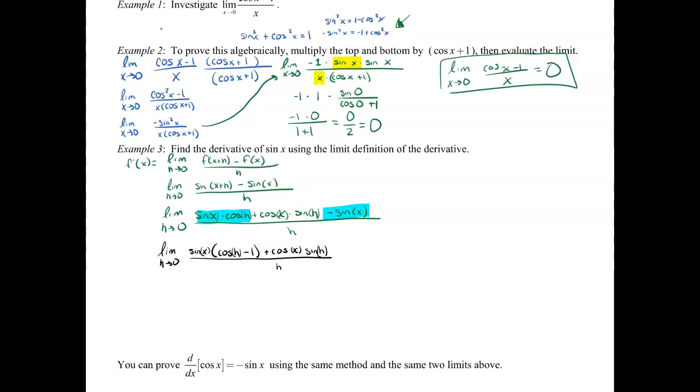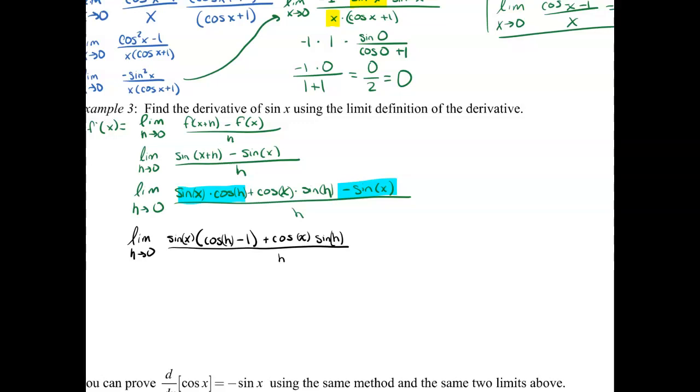Alright, this looks like a hot mess, and you're right, it does, but I'm going to break this up a bit. I've got the limit as h goes to 0 of sine of x times cosine of h minus 1 all over h, plus cosine of x times sine of h all over h.